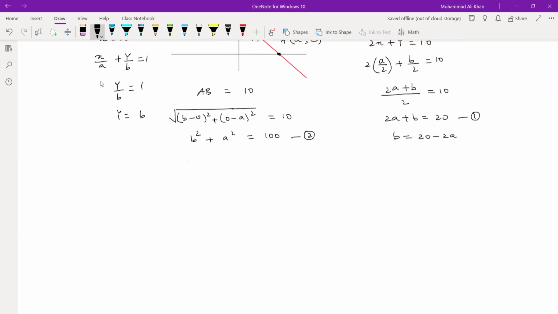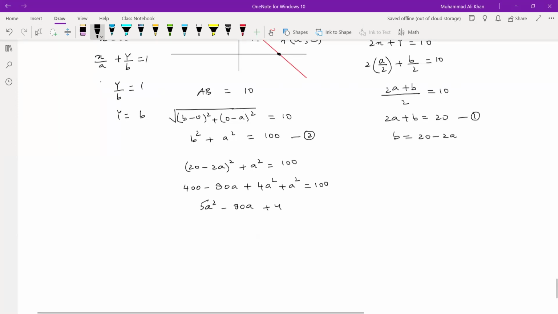I'm writing here (20 minus 2A) whole square plus A squared equals 100. 20 squared is 400, minus 80A, plus 4A squared, plus A squared equals 100. 4A squared plus A squared is 5A squared, minus 80A, plus 300 equals 0.